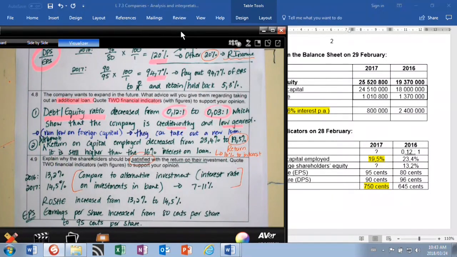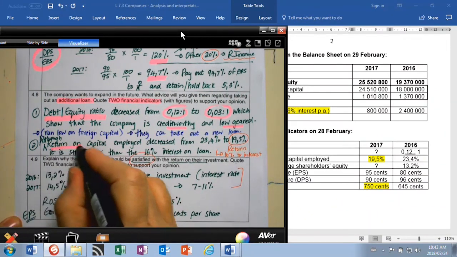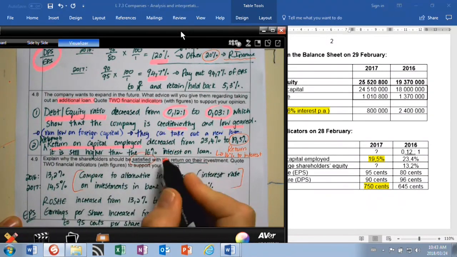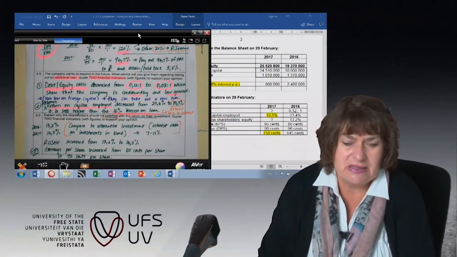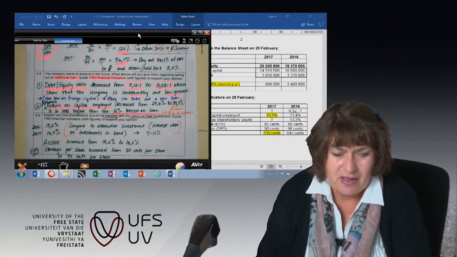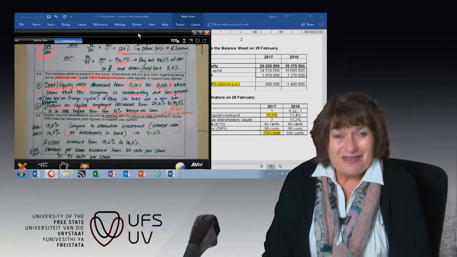You also take your return on capital employed, and you compare that with your 16% interest on loan. And if it's higher, it means that the return is 19.5%, and of the return, we must pay 16% to interest.